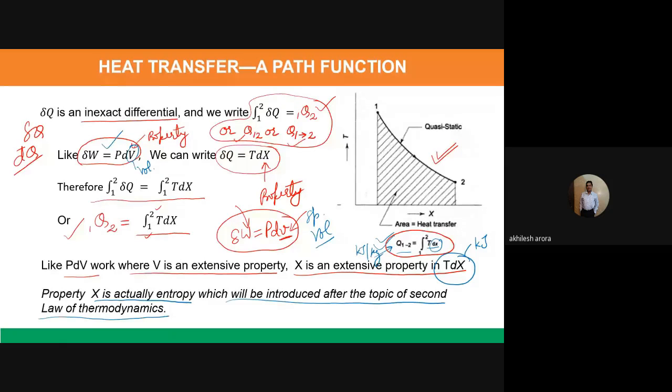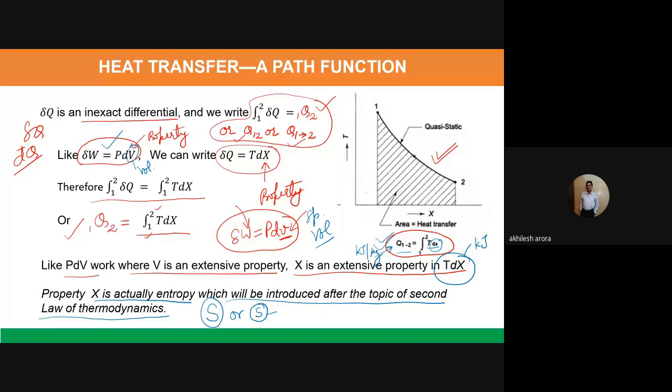Right now, you should always consider that X is the entropy, and entropy we represent by the symbol S or small s. If I am using small s, I will call it the specific entropy. If I am using capital S, I will call it the entropy or total entropy. So capital S is total entropy, whereas small s is specific entropy.